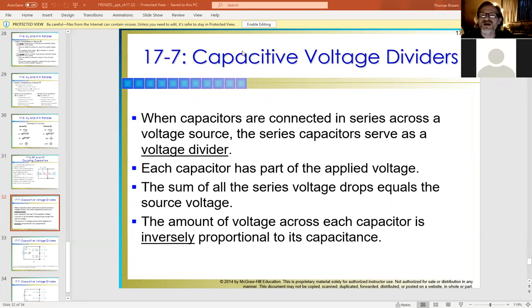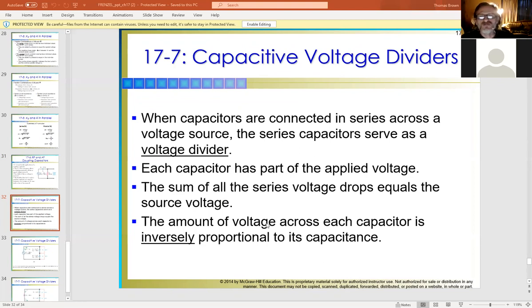So we would need to find out how it's distributed, right? Each capacitor has part of the applied voltage. And again, the rules from before always apply. It's just recognizing how we have to apply them. So again, it's just following through with KVL, Kirchhoff's voltage law, right? The sum of all the series voltage drops equals the source voltage.